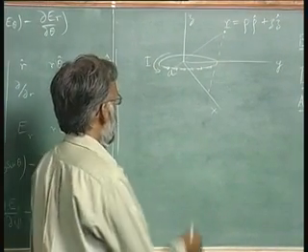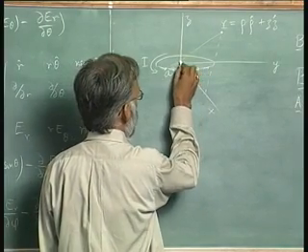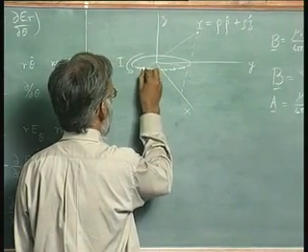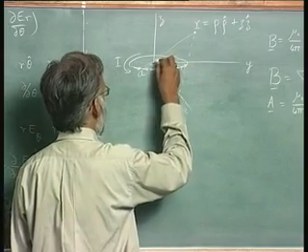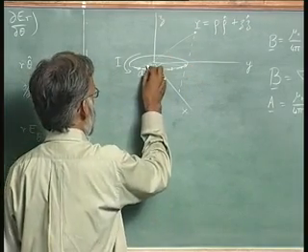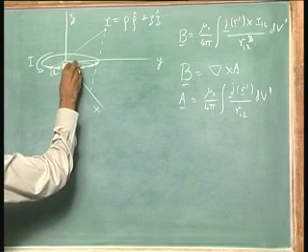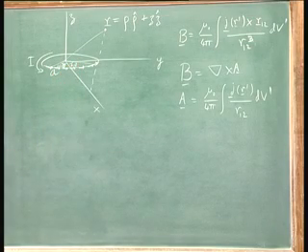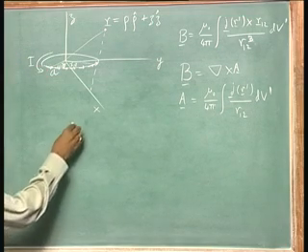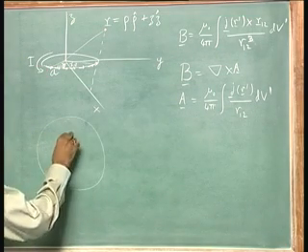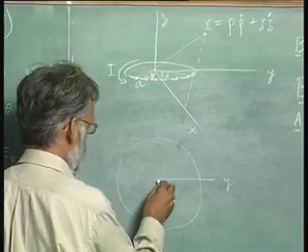Now, if you look at this case, consider that I take two current elements which are at the same angle with respect to x. One is at minus phi and the other is at plus phi. Now, if you look at it from above, this direction is x, this direction is y.